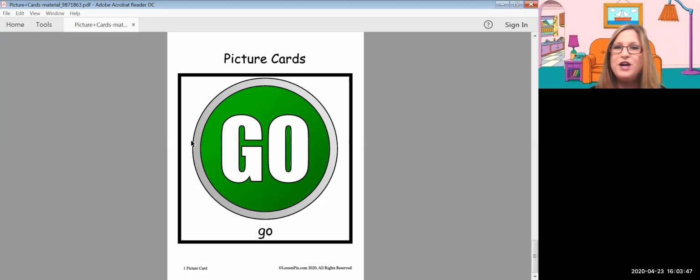And they love to run and race, or maybe they want to swing on their swing set, and you swing them back and say, go. You can sign this for them so that they can begin to ask for you to push them on the swing or race with them, or maybe it's time to leave to go to the store and they want to go with you, so they would learn to say, go. There are lots of ways we can use sign language.